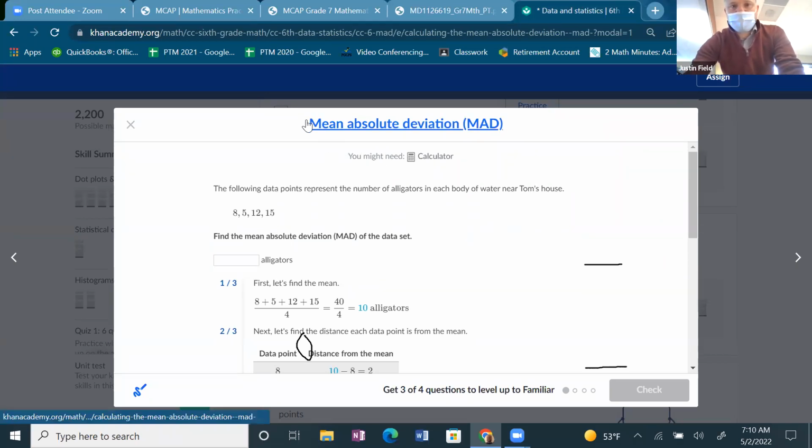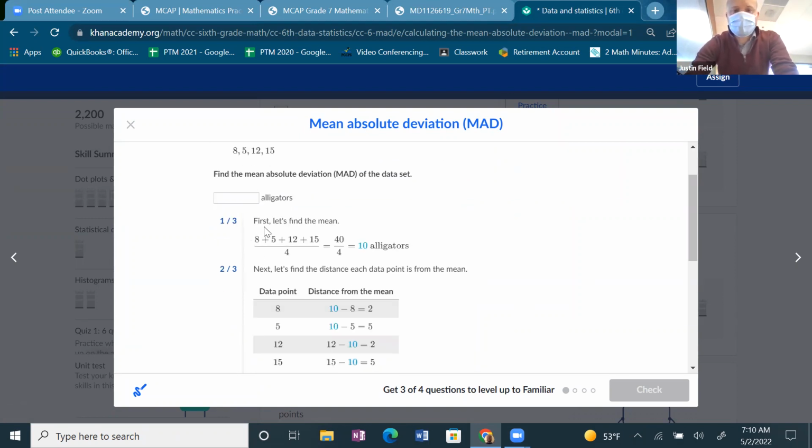But let's talk about how to find the mean absolute deviation. I wanted to show you that, once you know the topic, you can go to Khan Academy and look it up. This isn't one that a lot of people are going to know, but it's in the 6th grade data and statistics. So you find the mean: you add up all the numbers and divide by however many there are.